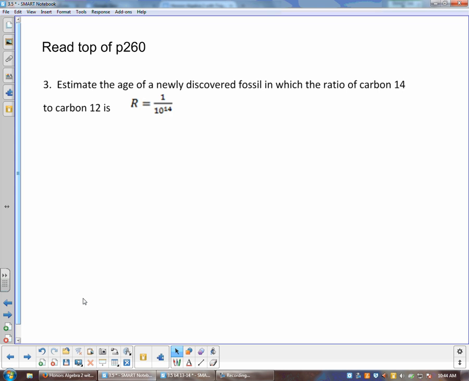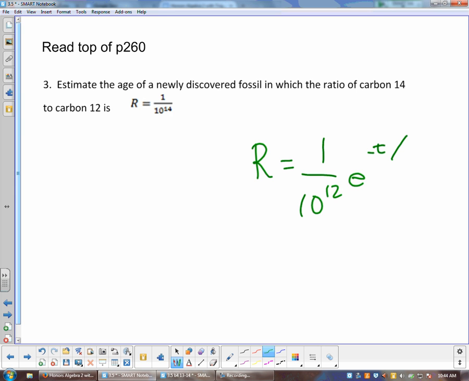Problem number 3 says estimate the age of a newly discovered fossil in which the ratio of carbon-14 to carbon-12 is 1 over 10 to the 14th. So we're going to plug that in for the R in our formula, R equals 1 over 10 to the 12th, e to the negative t over 8,223.